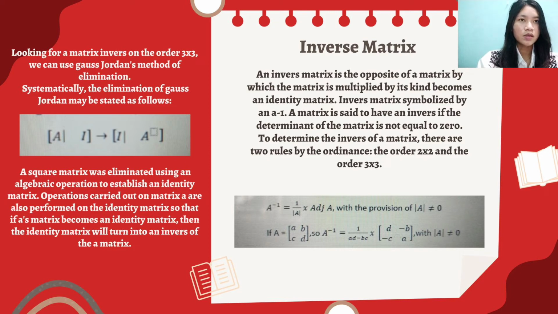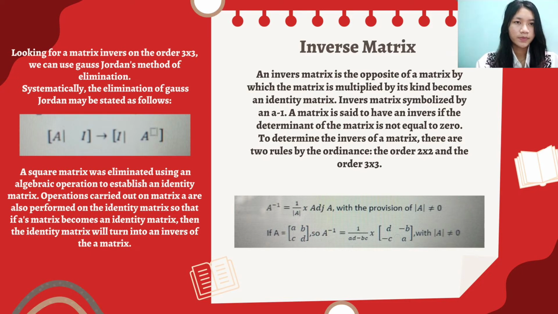Inverse matrix order 3 kali 3. Looking for the matrix inverse on the order 3 kali 3, we can use the Gauss-Jordan method of elimination. Systematically, the elimination of the Gauss-Jordan way is stated as follows.